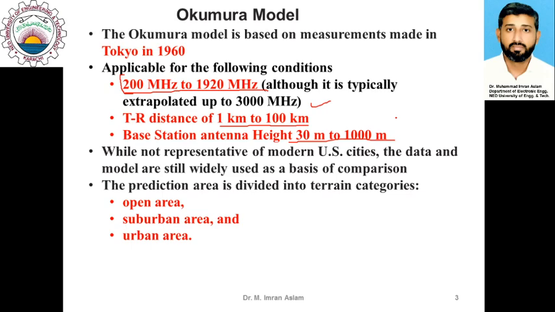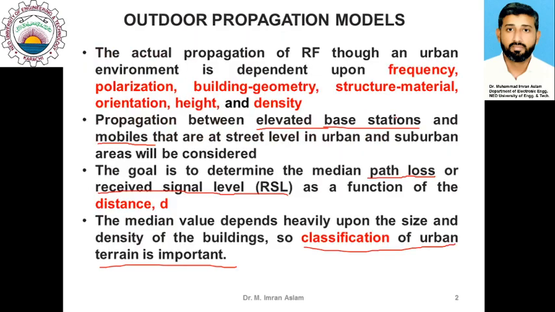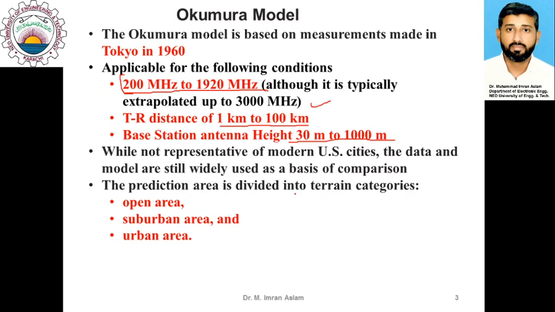The environment, as I discussed, because the propagation is actually dependent on the urban environment, the type of urban environment, how densely buildings are situated in a certain environment. So in order to classify those urban environments, 3 classifications were used in this model.